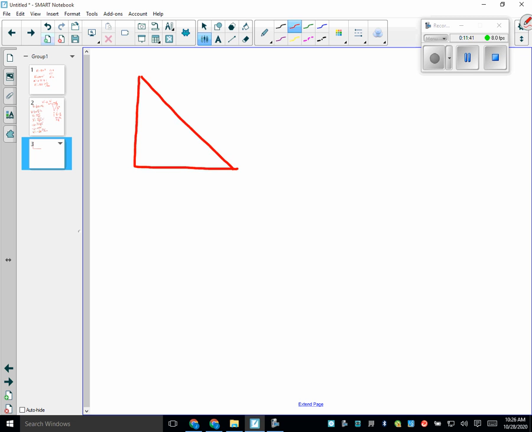Triangle. That's always 3D. So it looks like this? Pretty much. Do you see a right triangle? Yes. I do. You got to figure out what shape we're talking about.